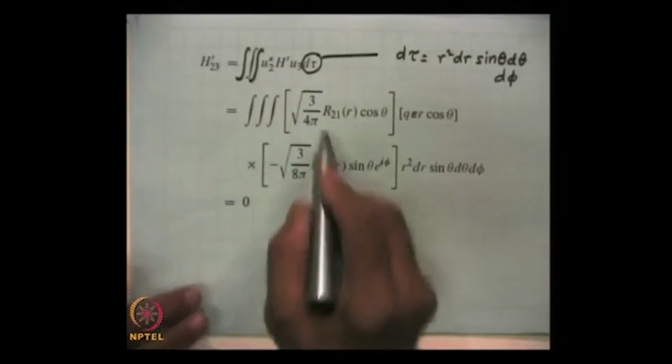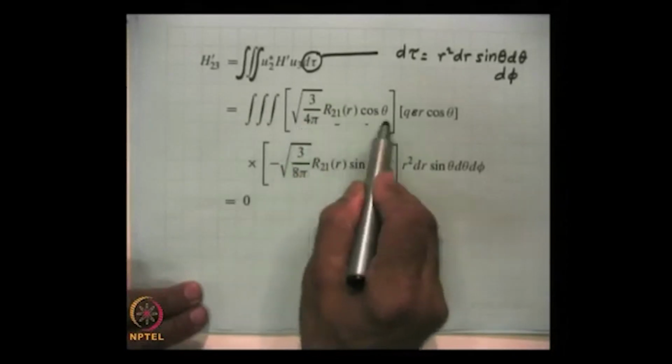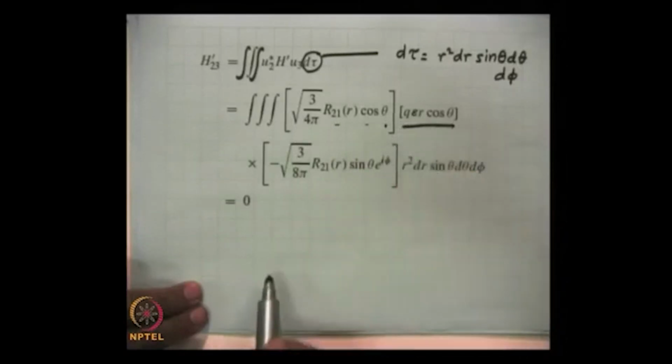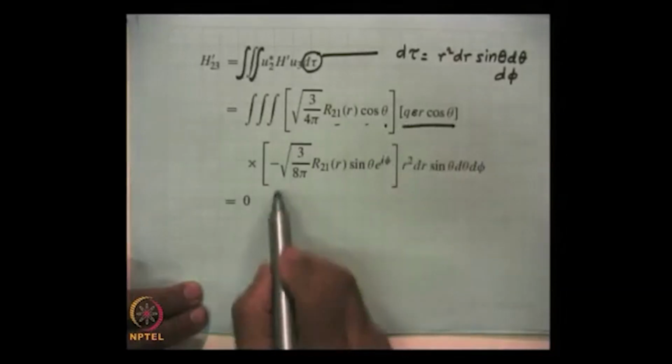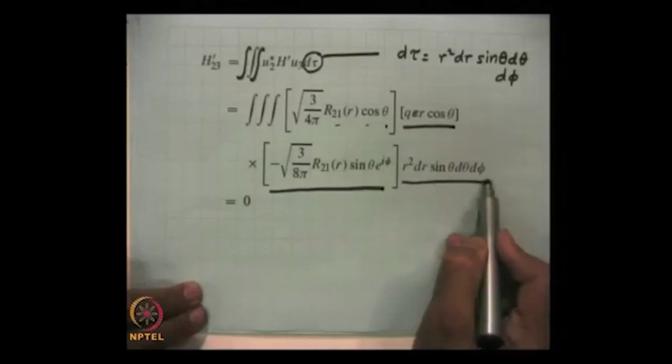So, U2 star, the r and theta part, is R theta phi, this is the perturbation, this is U3, multiplied by r square dr sin theta d theta d phi.